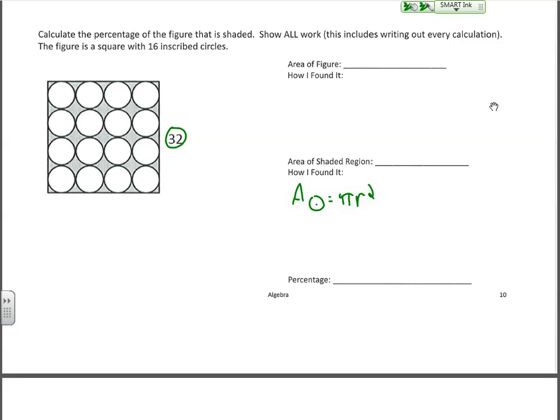Once you find the area of one circle, multiply by 16, you've got the area of all of the circles, which you can then subtract from your total area, and that's going to leave you with the shaded part. Right? So that's kind of your plan of action here. Use that 32 to get the dimension you need, which is the radius of just one circle. Find the area of that, expand it to 16 circles, and then do your subtraction.